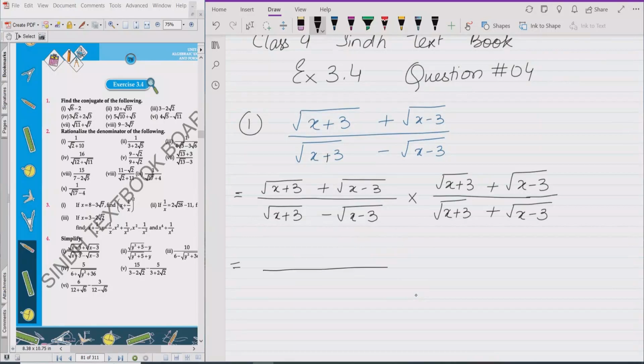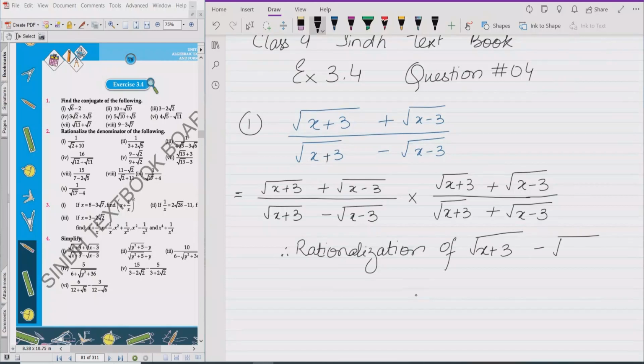First we write that here we apply rationalization of the denominator, right? Now we can simplify.